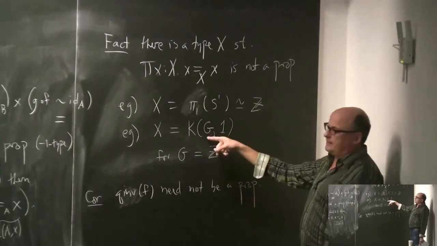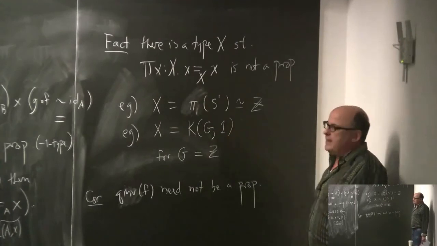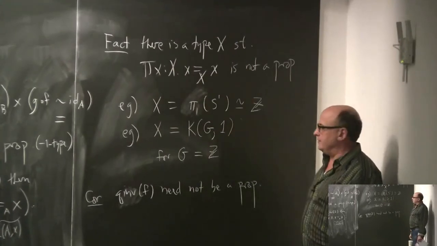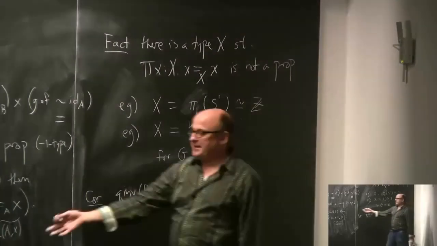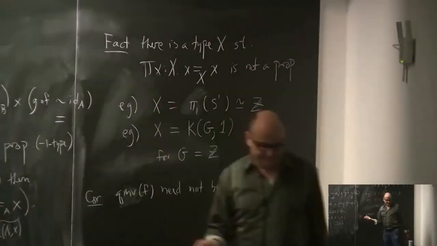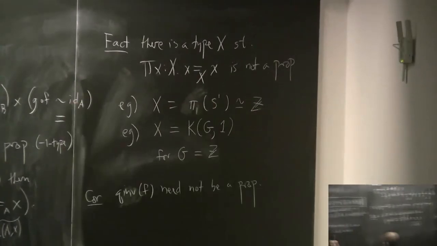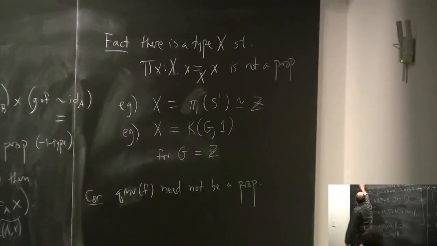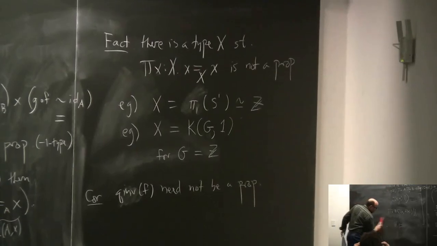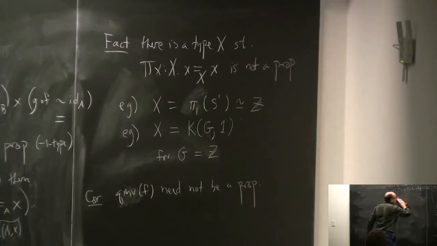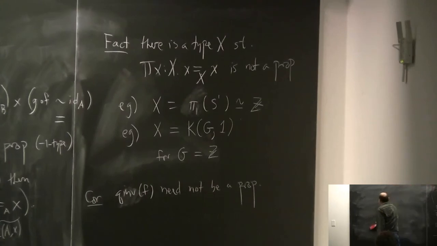I can pick any group I want and make a space that has that as its fundamental group. So in other words, it's ridiculously not the case that quasi-inverse is a proposition, because I can go on all day finding spaces that have non-trivial structure. They're not propositions. That's the outline of the argument that's in the book, so you can look at that. I won't reproduce it here.